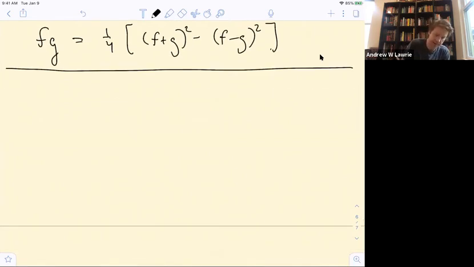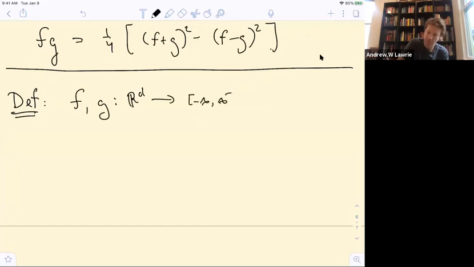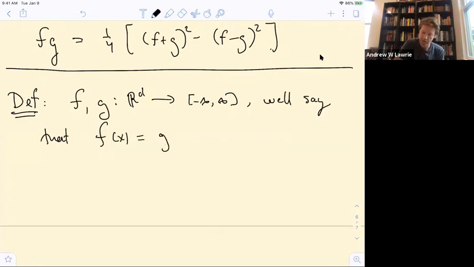It's time now, I guess, to introduce a word we'll be using a lot. Definition. Given two functions, we'll say that f of x equals g of x almost everywhere.